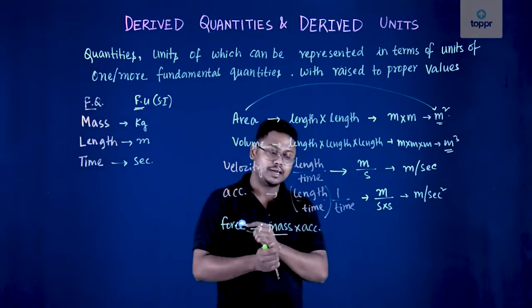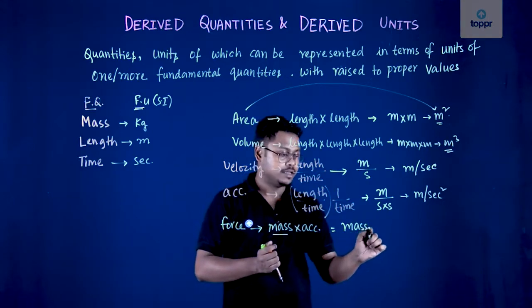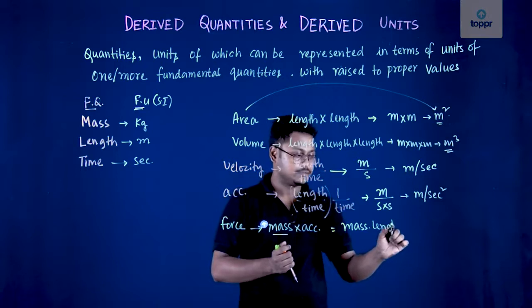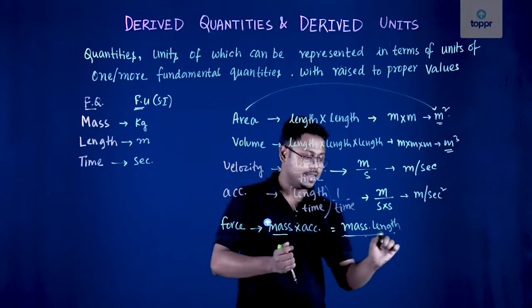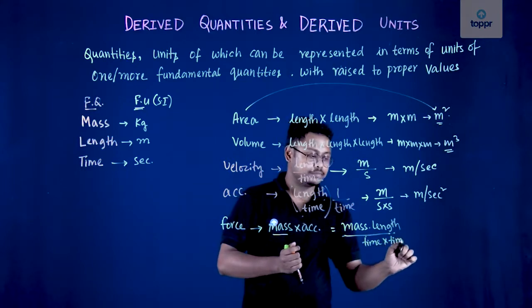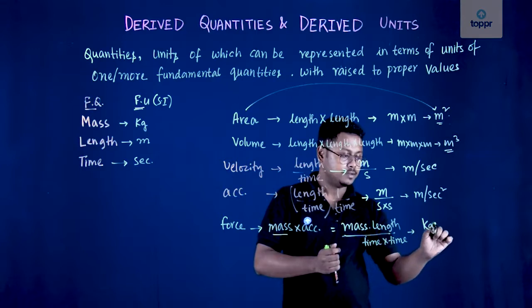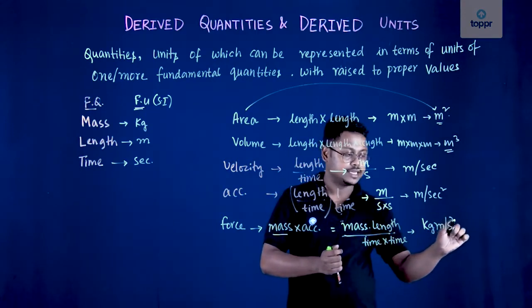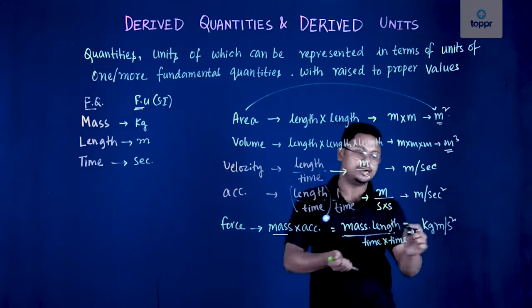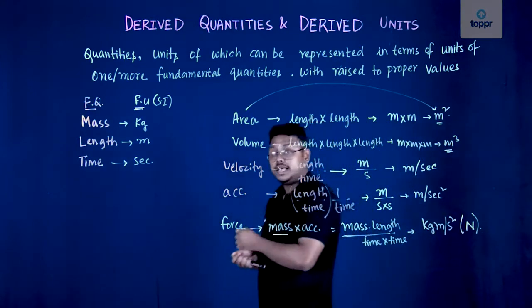Mass is another fundamental quantity, so I can write it as mass into length divided by time into time. So it will have the unit kg meter per second square, and this unit is also known as Newton, represented by capital N.